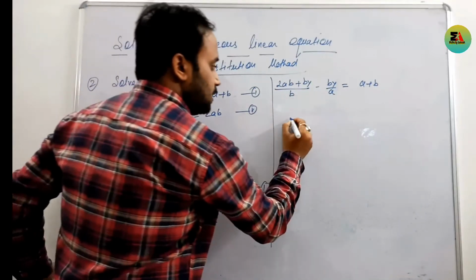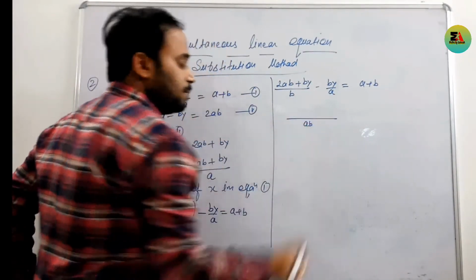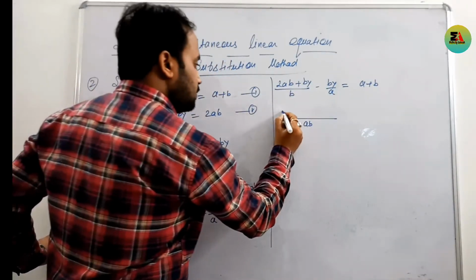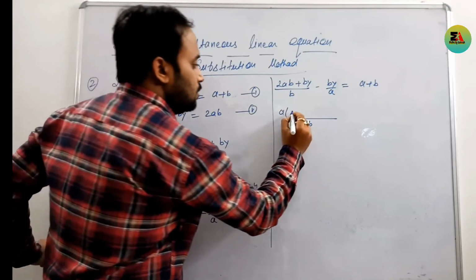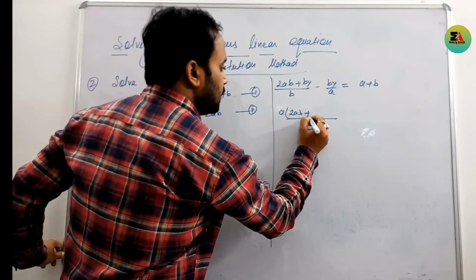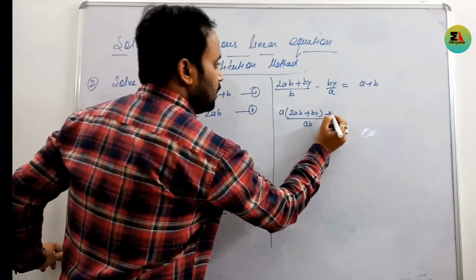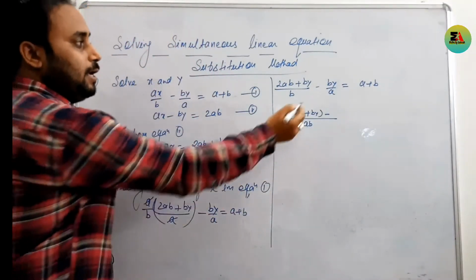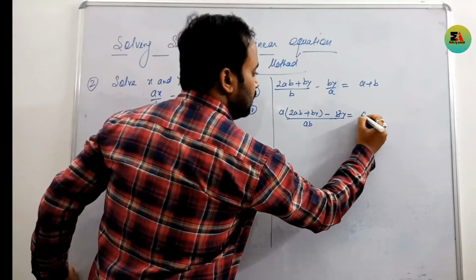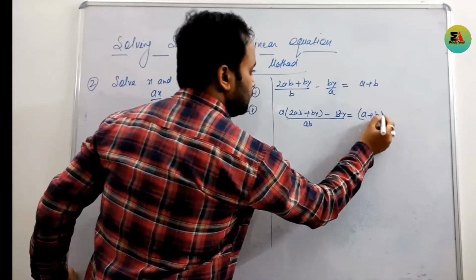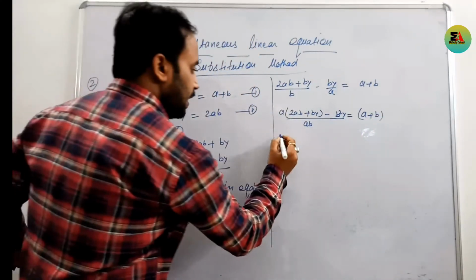Now take an LCM. The LCM becomes ab. So a times (2ab + by), since in the denominator b cancels out, minus b square y, and in the denominator a cancels out, equals a plus b. Clear? Now open the bracket.